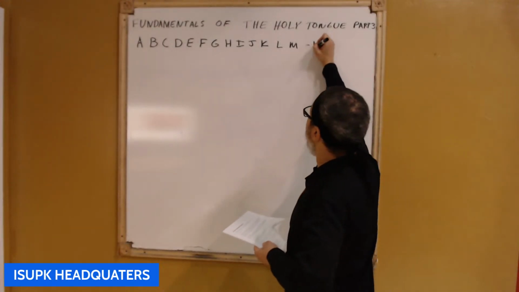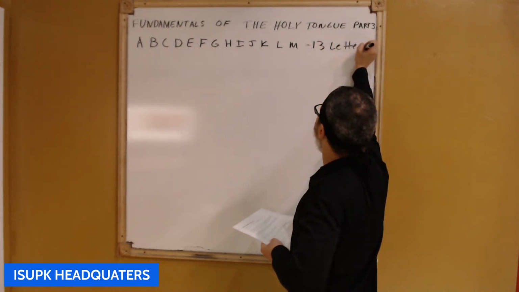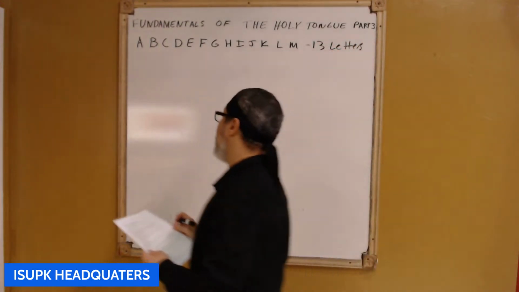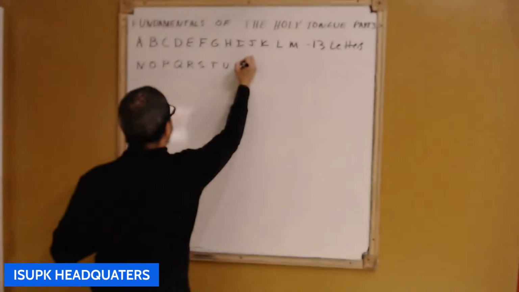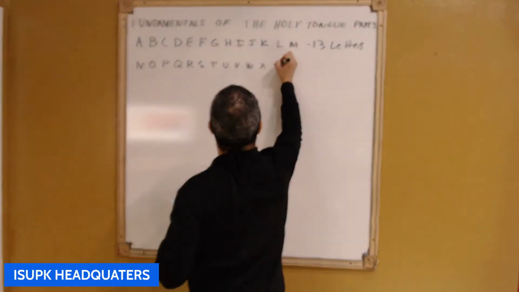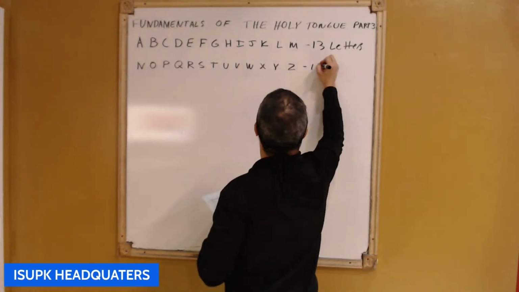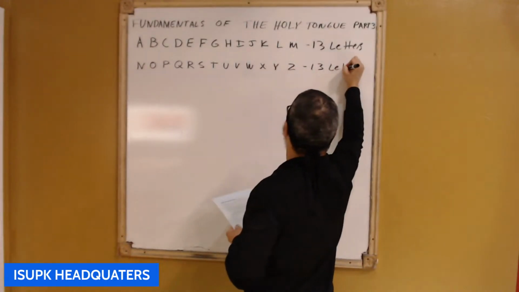This is the first 13 letters. Then we go N, O, P, Q, R, S, T, U, V, W, X, Y, and Z. That's another 13 letters.